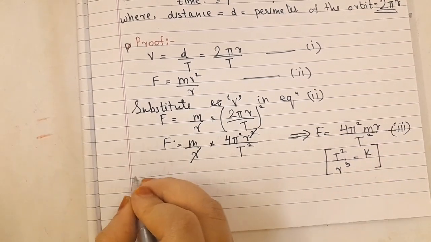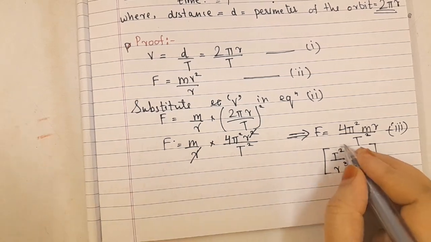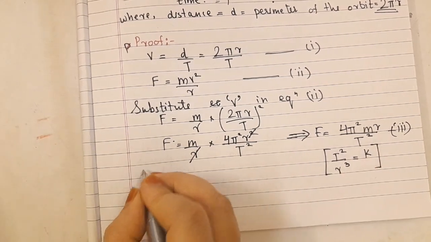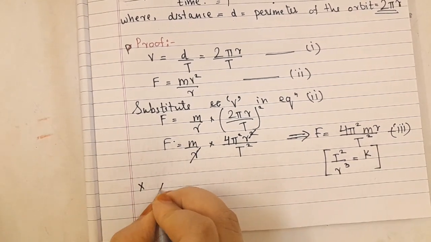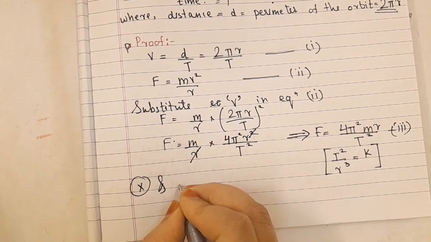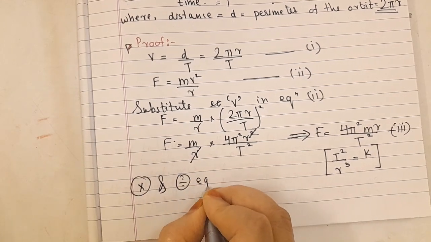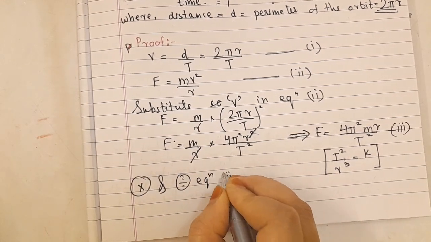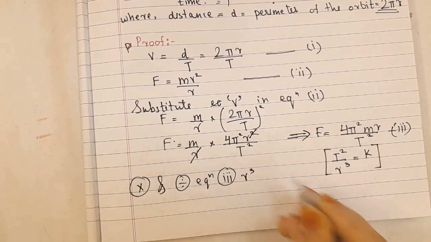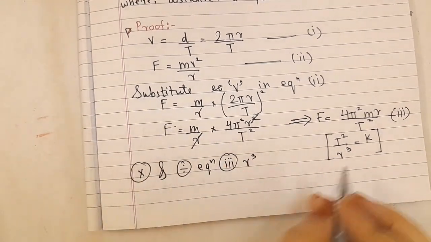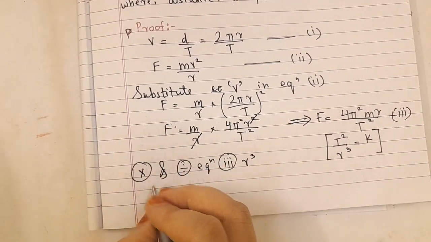Now we want this t square upon r cube, so we multiply and divide by r cube in this equation. We are using Kepler's third law in this equation.